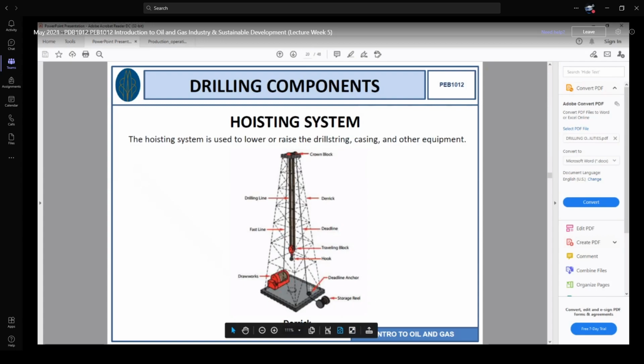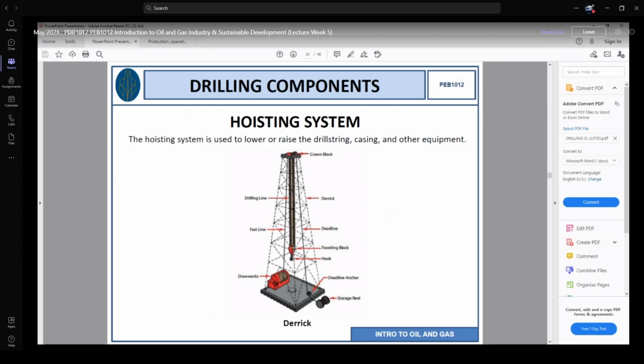In the hoisting system, we have what is actually called a pulley system. One pulley is here, another pulley is here, another is on the drawworks, right? All combined together, they perform this hoisting job to lower down and raise up the equipment.